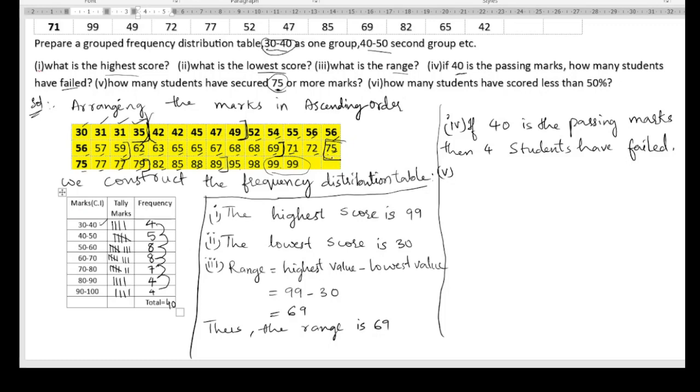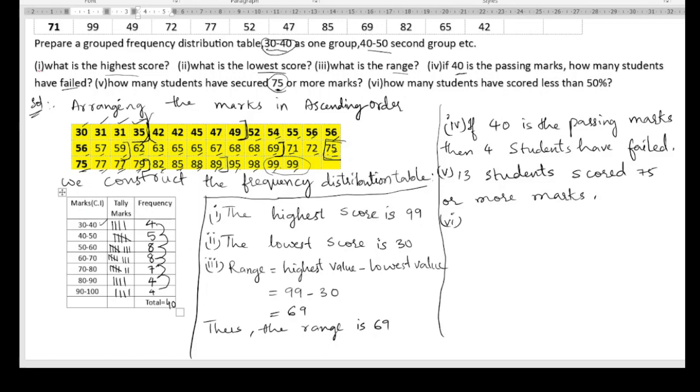From 75, let us count: 1, 2, 3, 4, 5, 6, 7, 8, 9, 10, 11, 12, 13. So 13 students scored 75 or more marks.